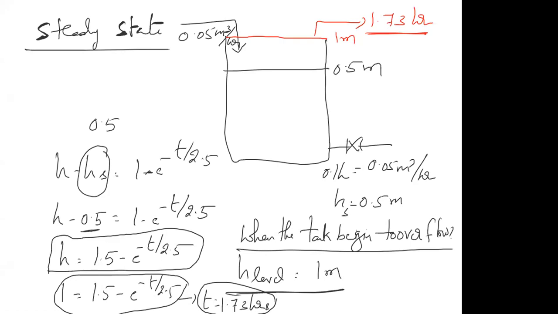See, the outlet will also increase. Don't think that the outlet will not increase. The outlet will also slowly increase, because as the level increases, the outlet flow rate also increases, because the outlet flow rate depends upon the height. So why do you have an overflow is what my question is.